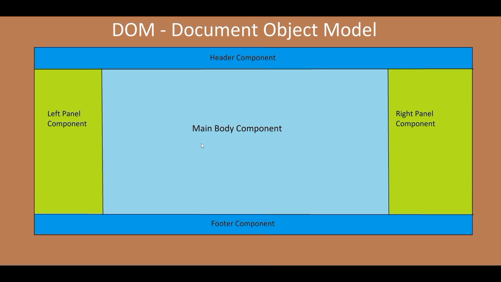Every time, your header and footer data are not changing, they look static. In every page the header and footer are the same, and the left panel may be the same, or you can make it dynamic. The right panel can be dynamic based on the left panel or any logic you want.